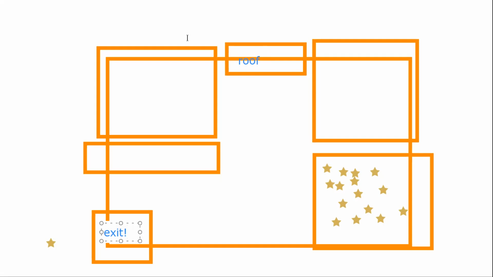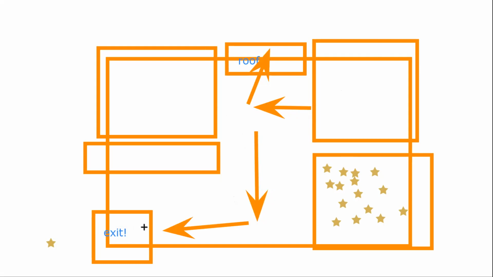Now let me show you with arrows. If you are in the living room, you are going to take this way and then go to the roof so you can get fresh air. But if the fire is over here in the living room, you need to go from here to the exit.